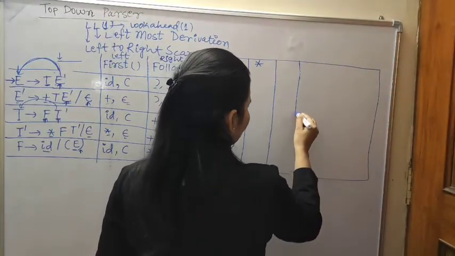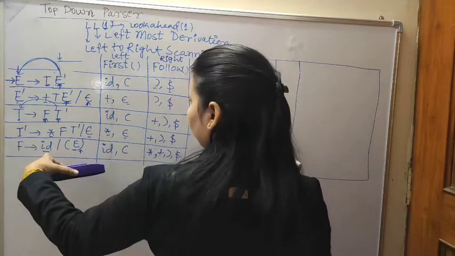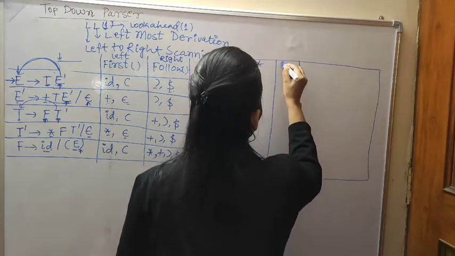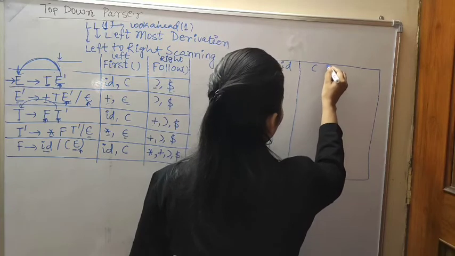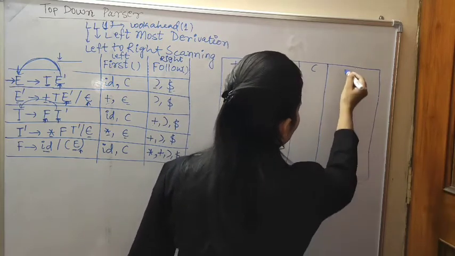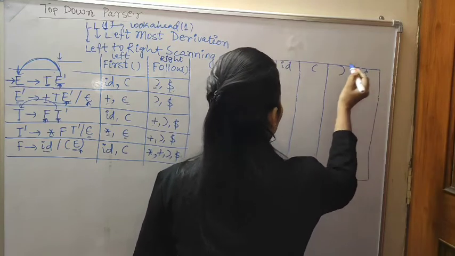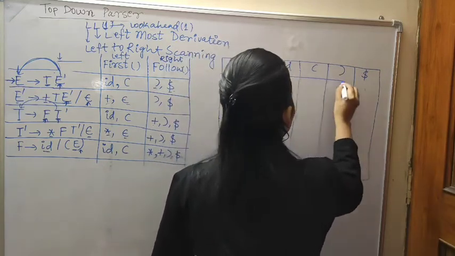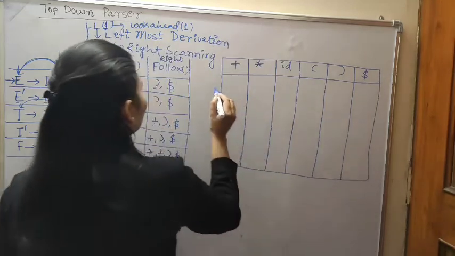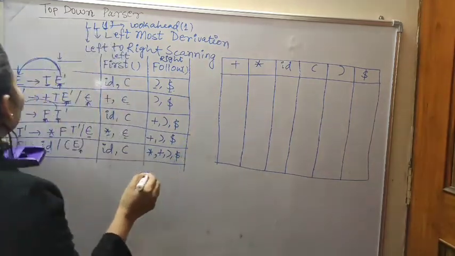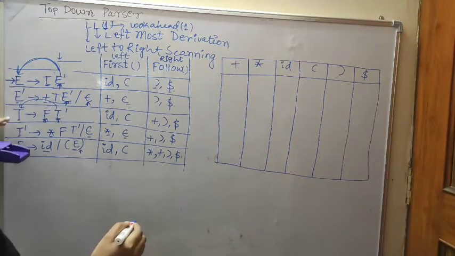Star, then id, open braces, close braces, then dollar. Epsilon we will not write. And here we will write the non-terminal variables in the rows.